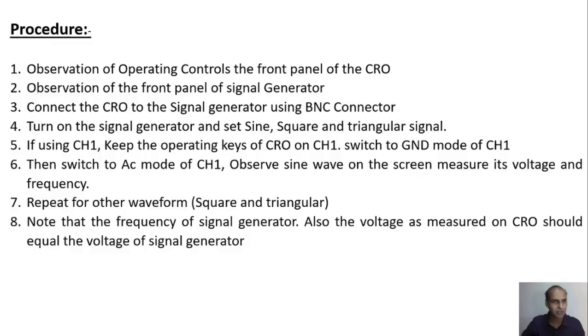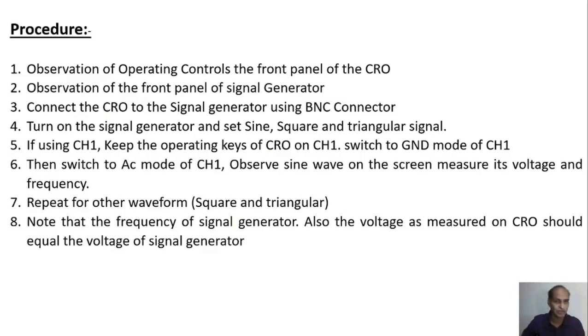Let's see how you can perform it. First of all, you need to observe the controls of the signal generator and CRO that we have just briefly discussed. Then we need to connect the signal generator's output to the CRO using a BNC connector.